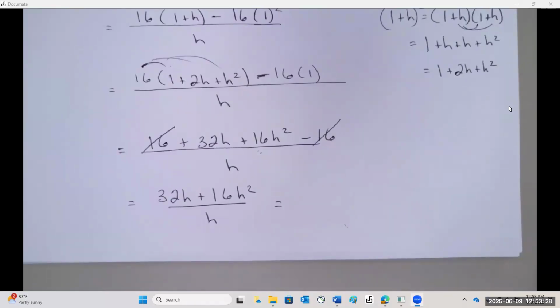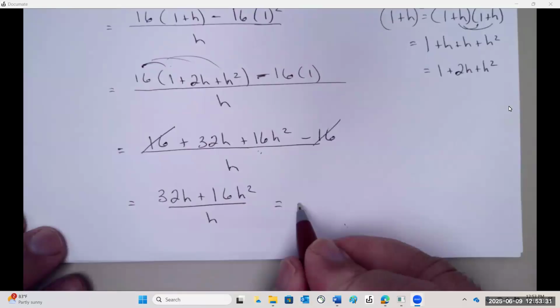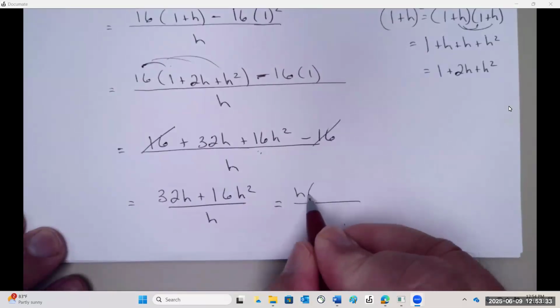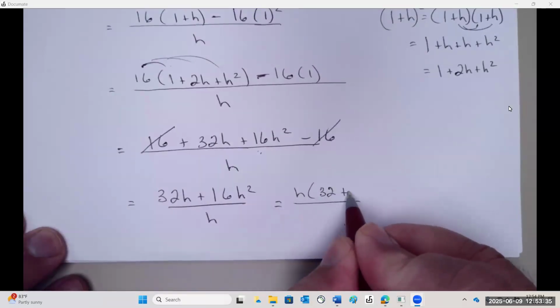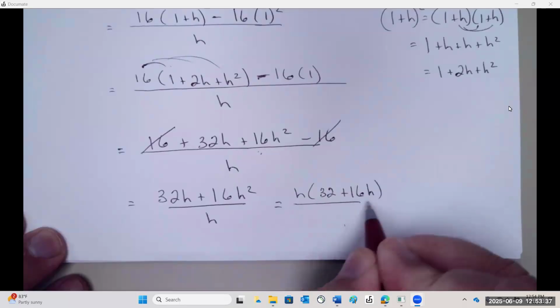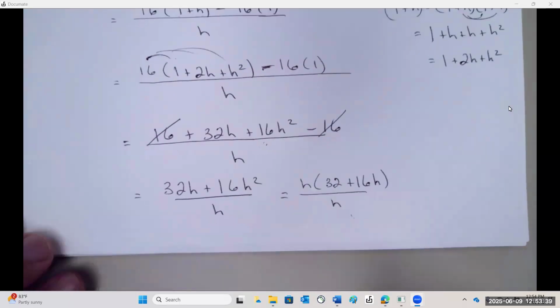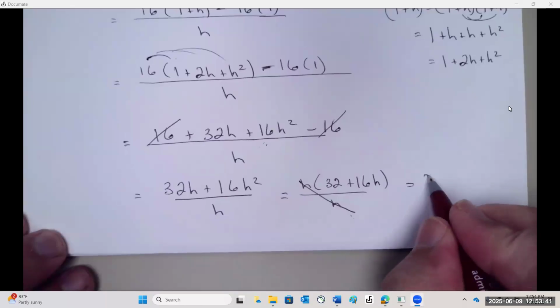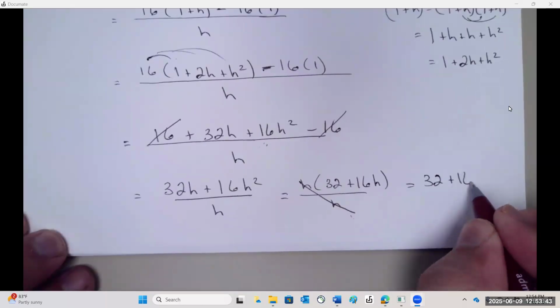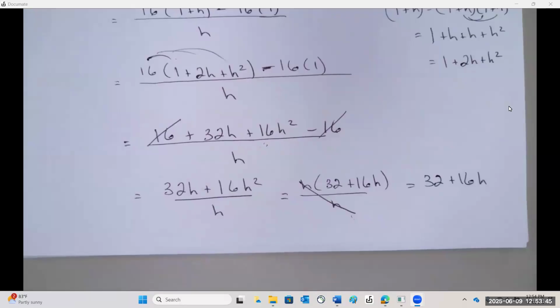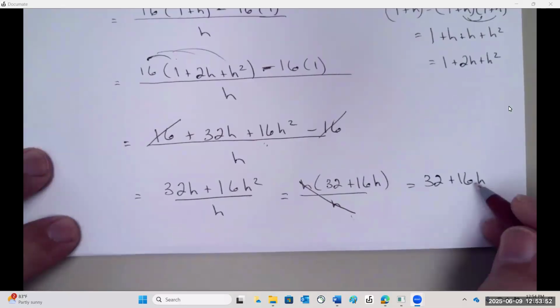Then what? Factor out the h on top. So we have h times (32 plus 16h) over h. They cancel. 32 plus 16h. Then what happens? h goes to 0.